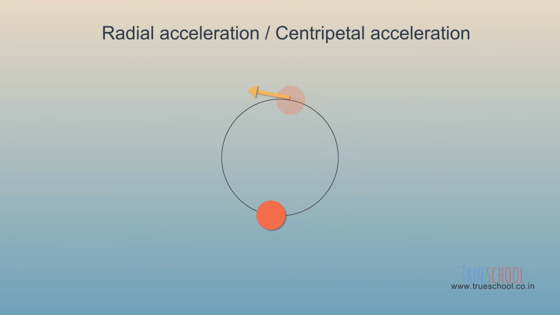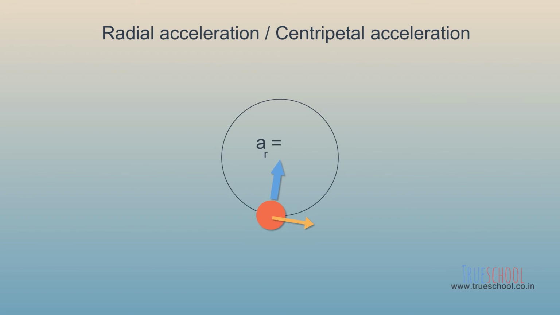This change in velocity is just caused by change in direction of velocity. Hence, it is accelerating, and the direction of its acceleration is towards the center of the circle. This kind of acceleration, which acts perpendicular to the velocity of the body and just causes change in its direction, is called radial acceleration or centripetal acceleration.